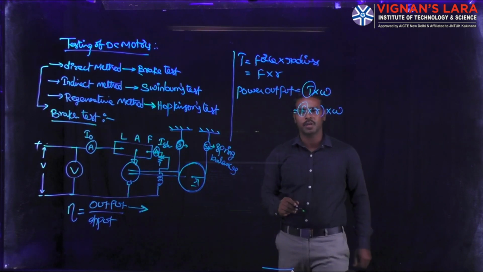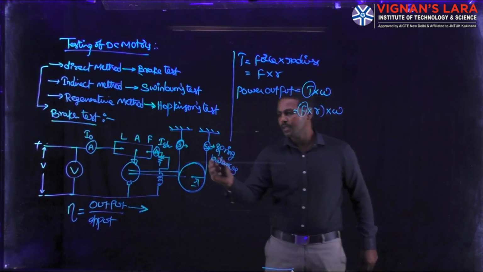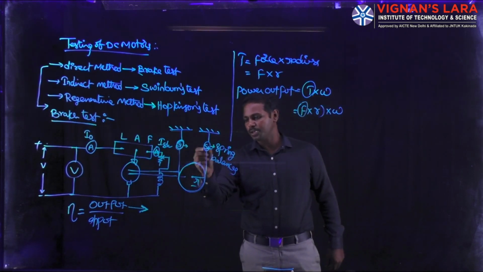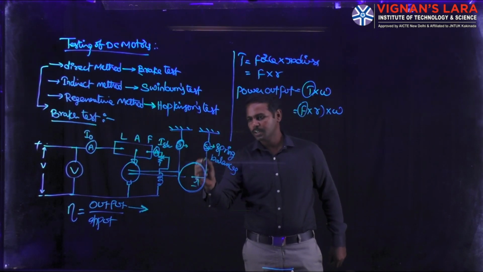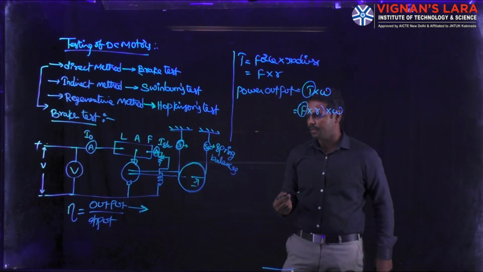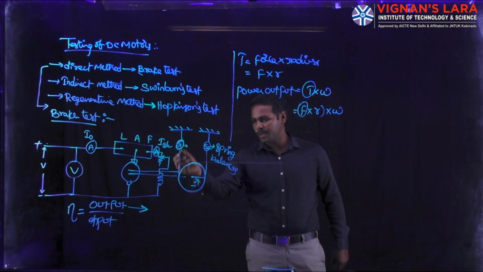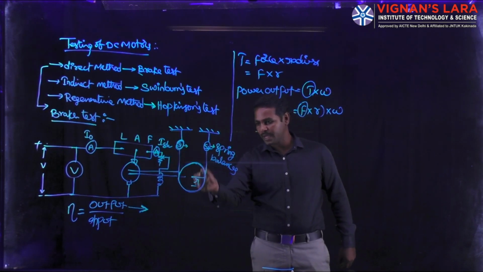Force developed in a motor is to be calculated. In this, two spring balances are connected to the pulley, so two forces are generated. One force is developed by S1, another force is developed by S2.